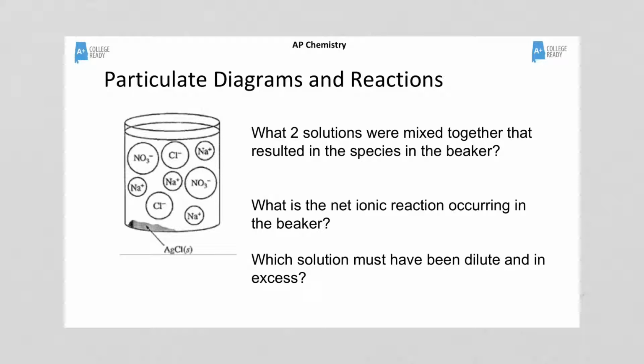So again, look at the beaker, what's not in the picture as an ion, and that should help you come up with which of your solutions is dilute. Because if you can see from the precipitate, it has silver ions that came out of the solution to form a solid, and the chloride as well. Notice there's still chloride in the solution, so that should give you a hint.